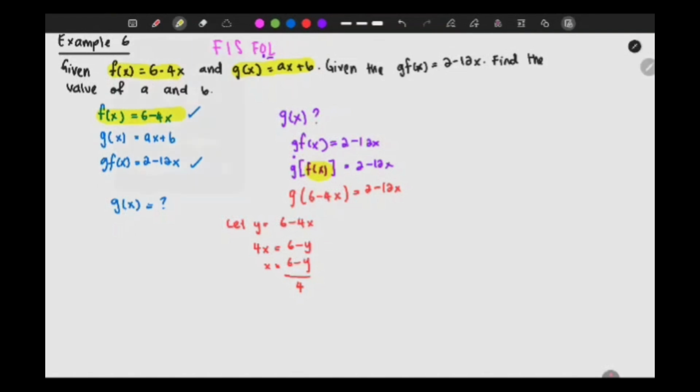So let's continue here. By the way, 6 minus 4x, you actually replace it with y, okay? So you can just write y instead of 6 minus 4x. 2 minus 12, your x here you replace with 6 minus y over 4.